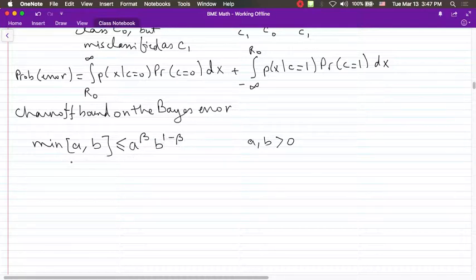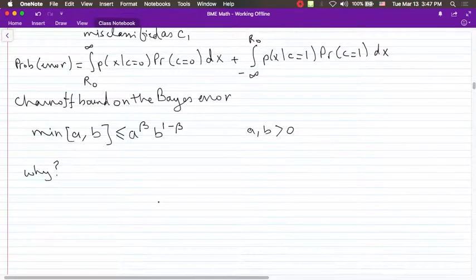I want to explain to you where this comes from. Why is this true? What's special about beta is that beta is bounded between 0 and 1. So for all beta between 0 and 1, this identity is true. I want to show you why that is. So let's simplify this a little bit.